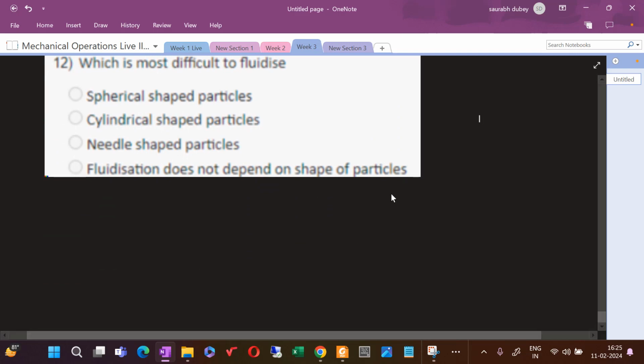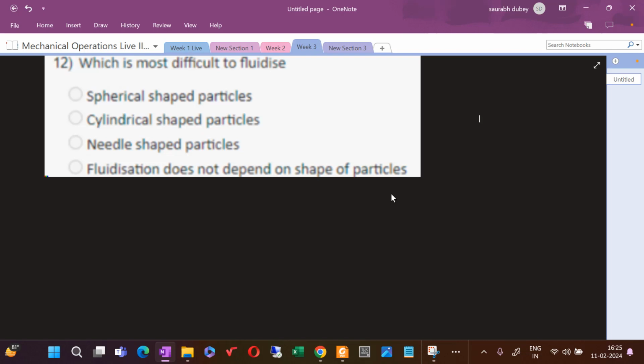Fluidization does not depend on the shape of the particle? Obviously, it depends on the shape of the particle. These needle shaped particles are very difficult to fluidize, as has been discussed in the lecture. The reason is very small sphericity, which prevents them from being lifted by the adequate action of drag.